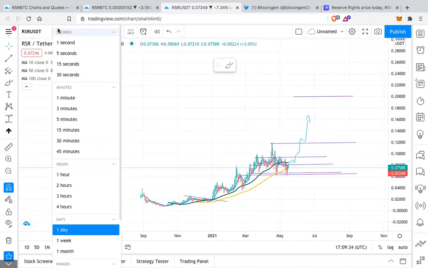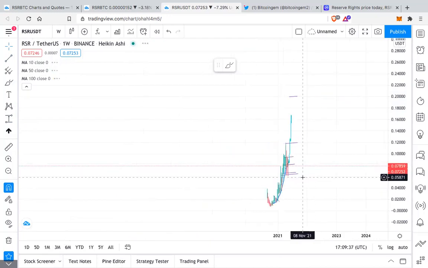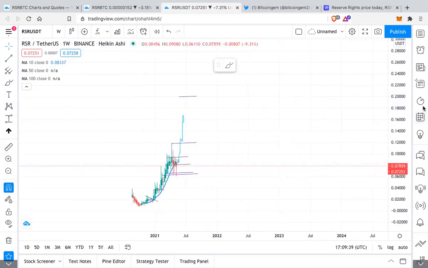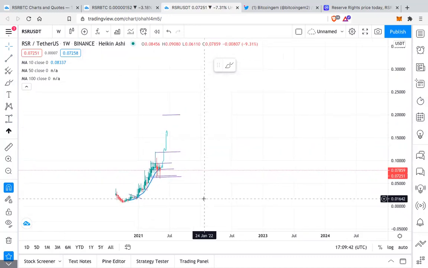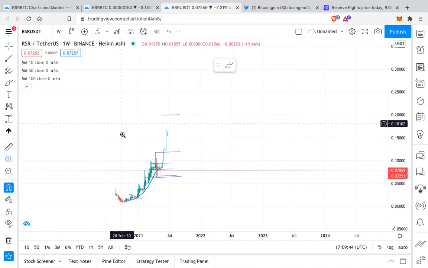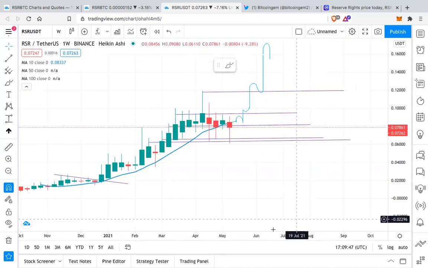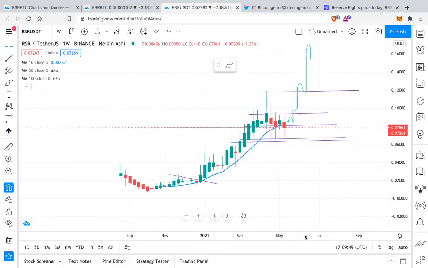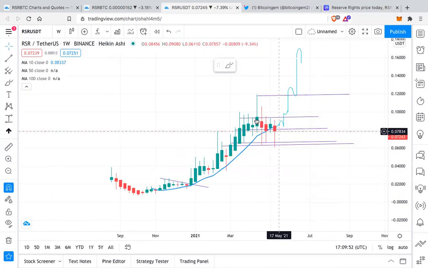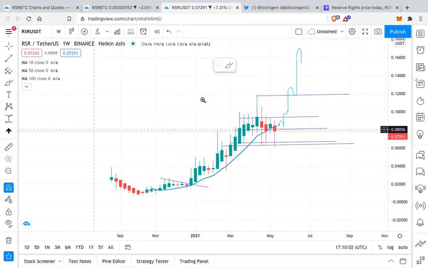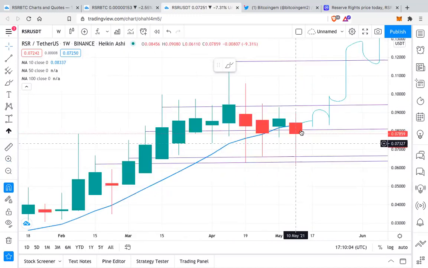So this is currently in consolidation, and majorly I think it's consolidating because of the BTC volatility also. If you look at the weekly, we can see that on the weekly it's consolidating, but it is very positive. On the weekly, it's currently getting resistance by the 10 weekly.